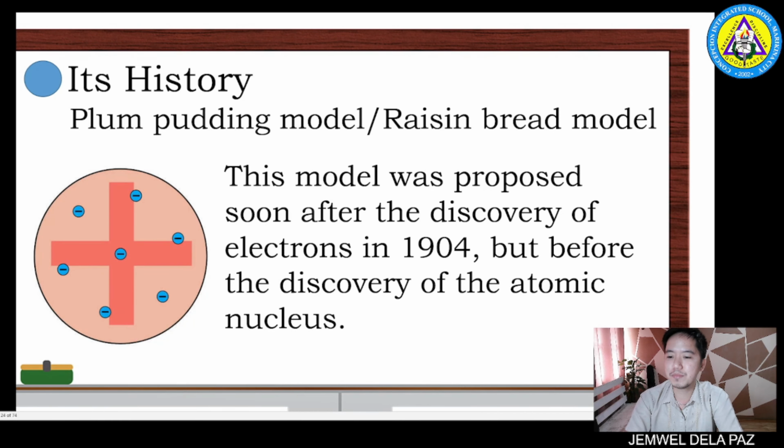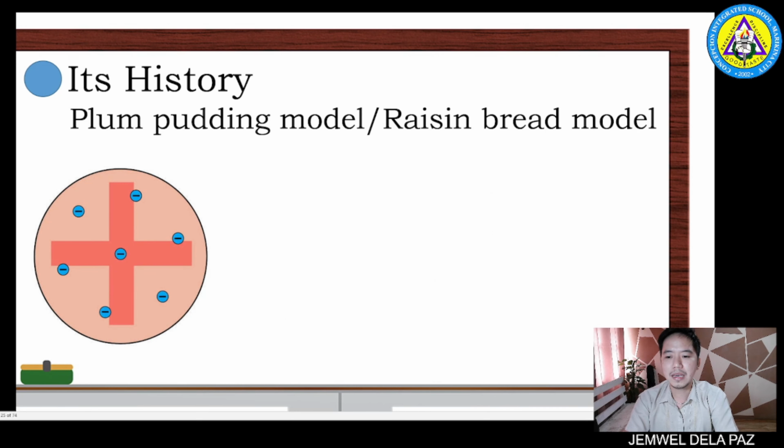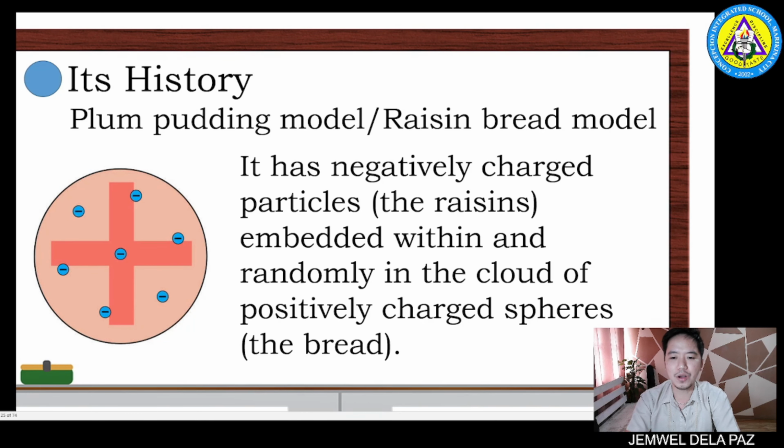Based on his model, he visualized an atom that has negatively charged particles, which he compared to the raisins, embedded randomly within a cloud of positively charged spheres, which he called the bread.